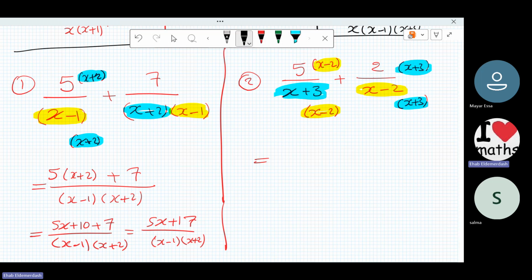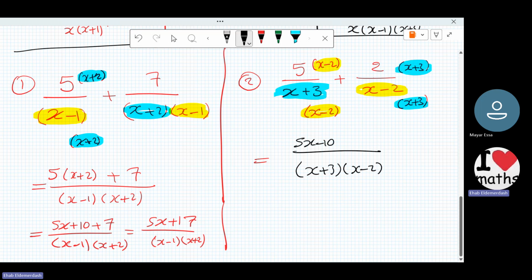So what we are doing, خلاص it's the same denominator x plus 3 into x minus 2 وup 5 into this expression it's 5x minus 10 plus 2x plus 6.